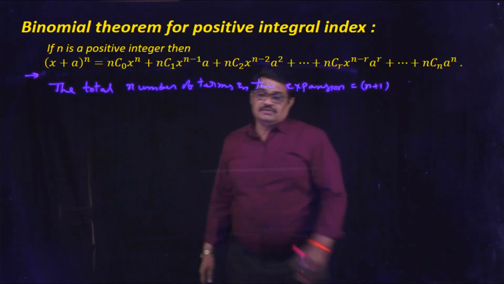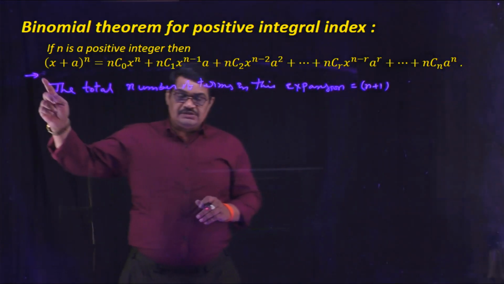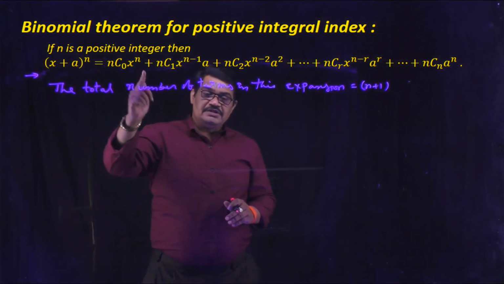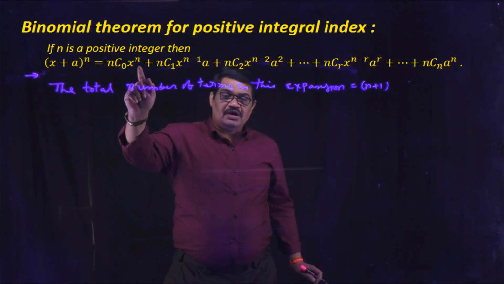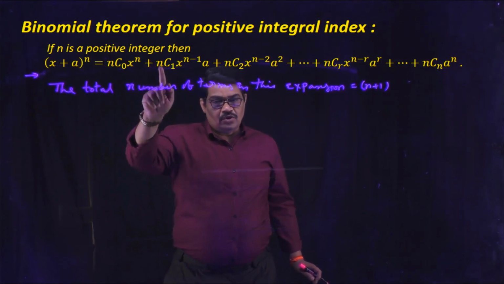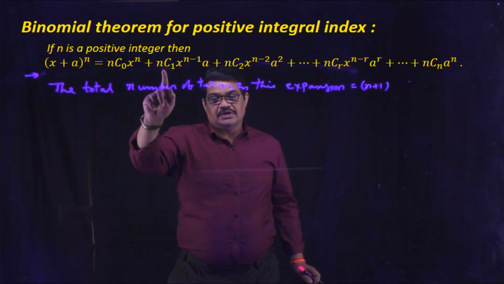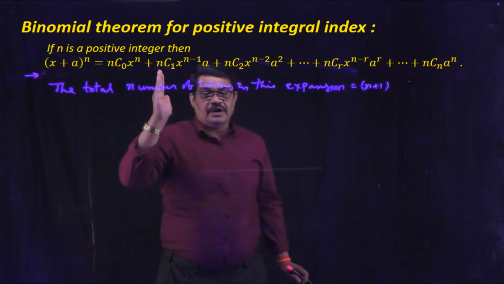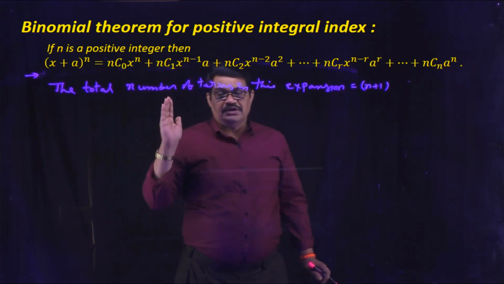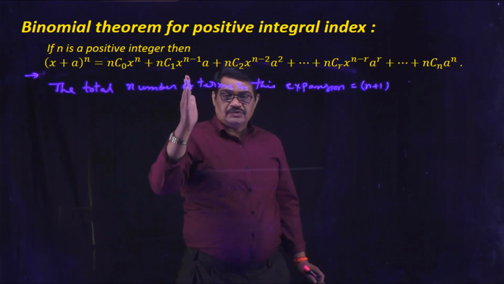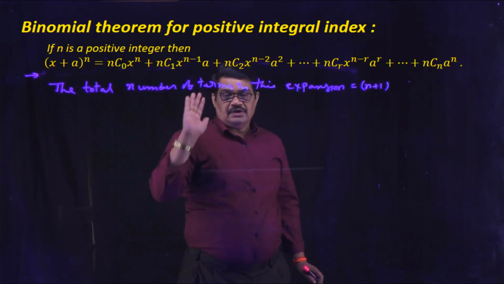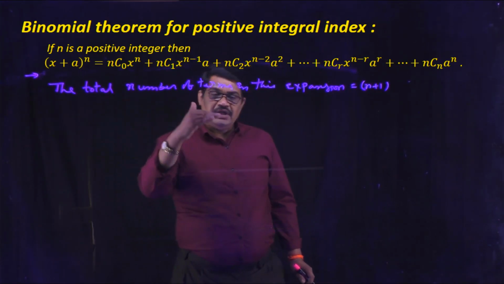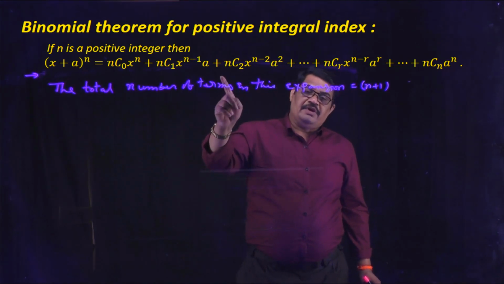We are observing this expansion. Here the first term is x and the second term is a. In nC0 x^n there is no a, that is a to the power 0. So the highest power is x to the power n, and a to the power 0 is the least power. In the next term, the second term, x^(n-1) a^1.